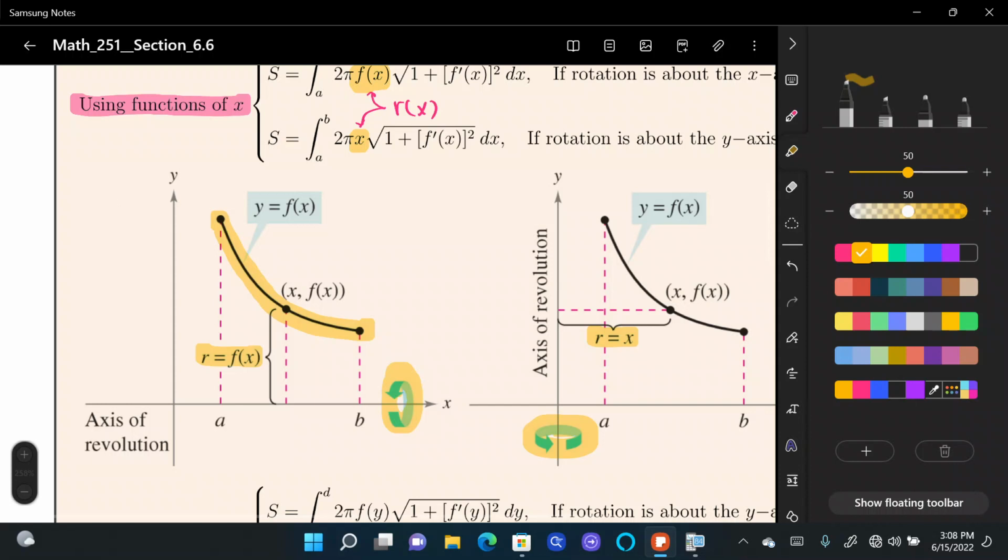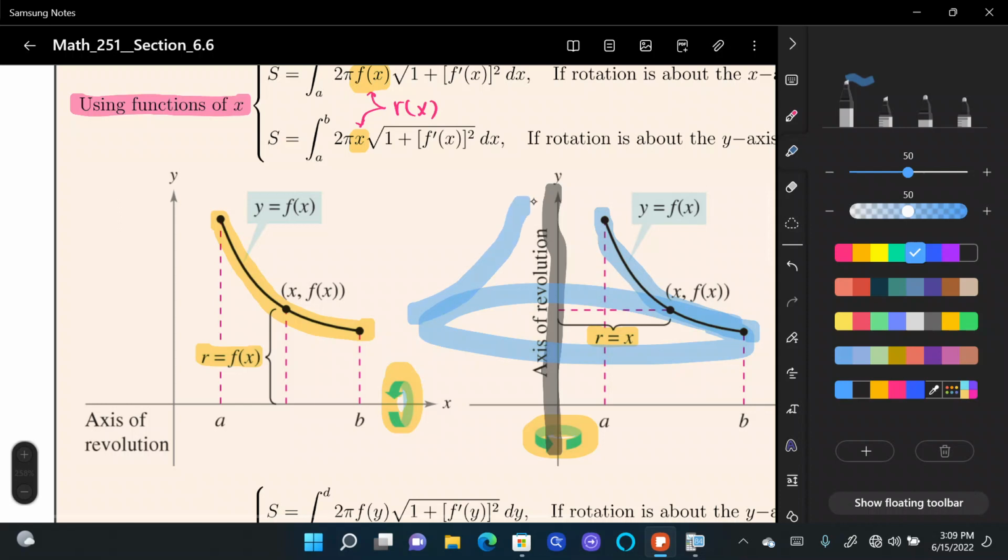Here I think the lollipop example is going to be a lot more useful. This is the stick of the lollipop, and the shape of the candy looks sort of like this and gets rotated, giving us that candy.